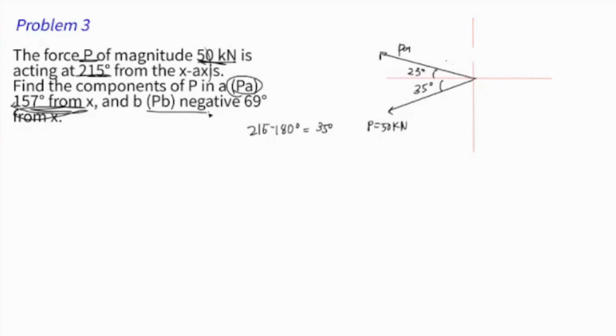So, next natin is yung PB, which is negative 69 degrees from x. So, from negative 69 degrees from x, dito siya magsa-start. So, 69 degrees papunta dito. So, ito yon. This is 69 degrees. So, next naman natin, using the parallelogram law, i-reflect natin tong PB at PA. Ito, yung PB, i-reflect natin dito.